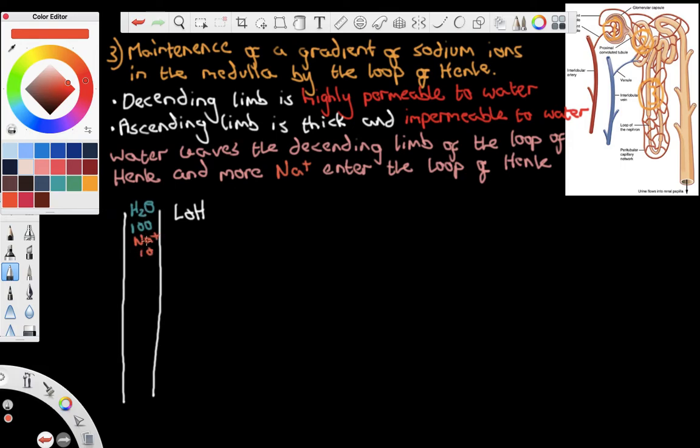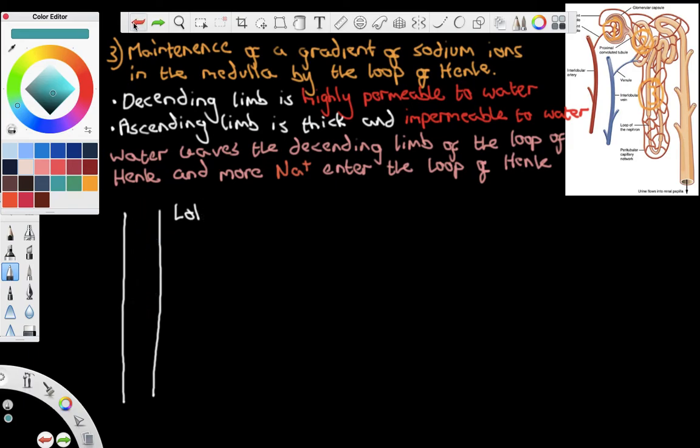Because there's lots of water and very little sodium, water will leave, okay? But by the time you get to the middle, there may now be a concentration of sodium of 50. But water, H2O, may now be at 70, okay? But because there's a greater concentration of this, water will leave. Water will continue to leave out of the loop of Henle.